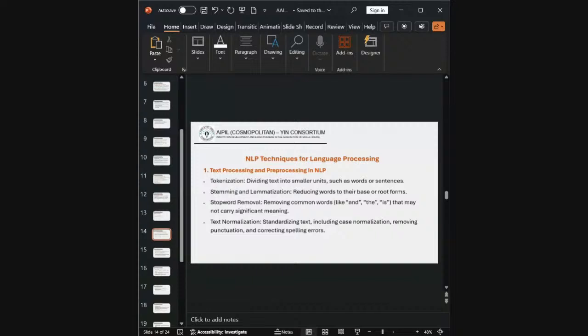Let's take them one after the other. When you are dividing text into smaller units, such as words and sentences, remember the developmental approach we talked about when we talked about computational linguistics, and we used that analogy of a child trying to learn a language, trying to understand the words first, and trying to have phrases, put one and two together, and make sentences that are sensible for the parents to understand, or whoever is training the child, the guardian.